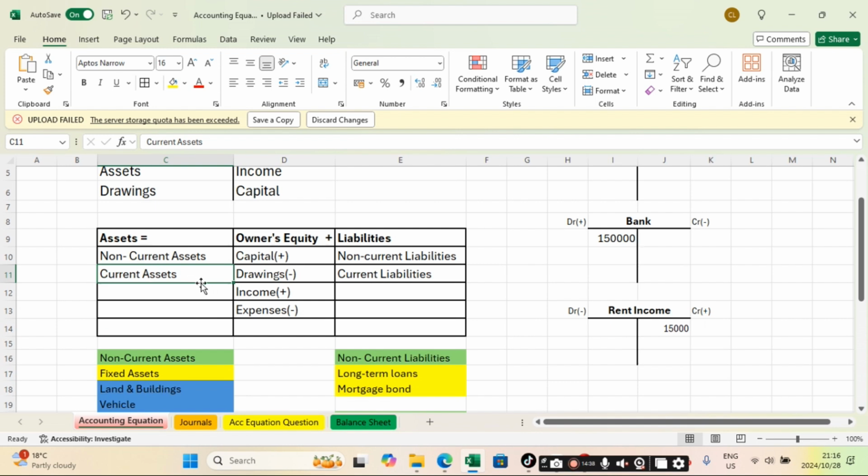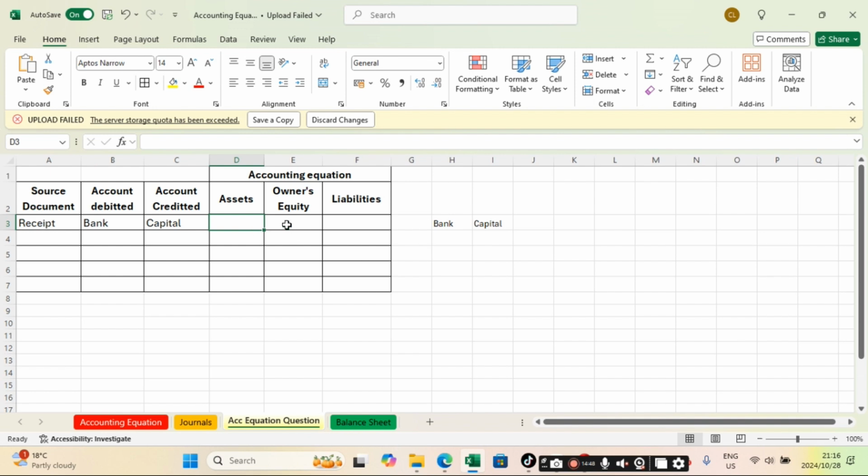So the asset will be affected. How are the assets being affected, positively or negatively? The asset is being affected positively, so we're going to have plus 150,000 on our assets.